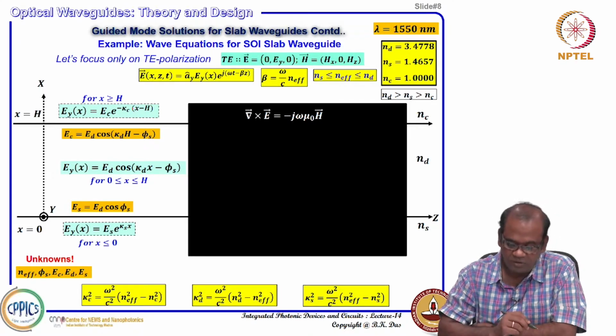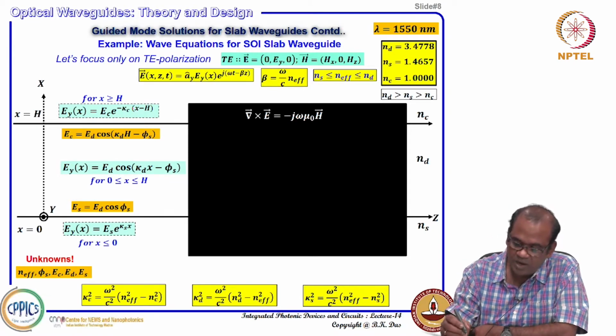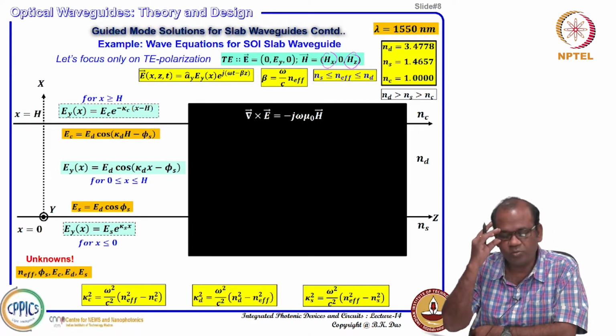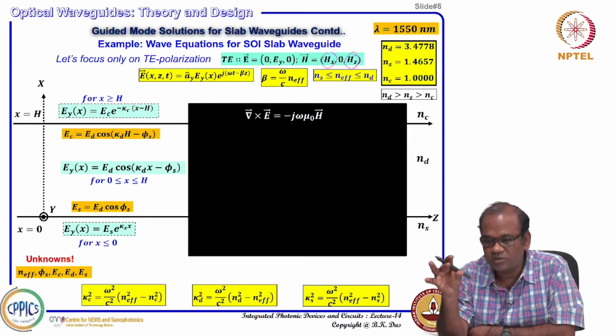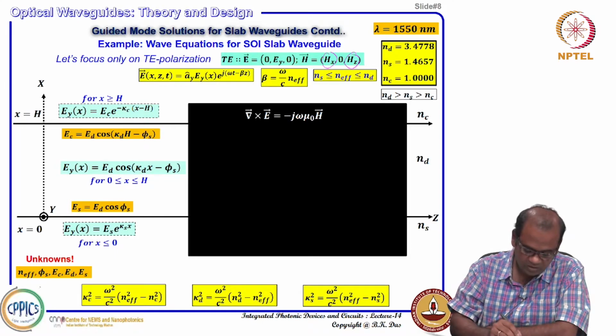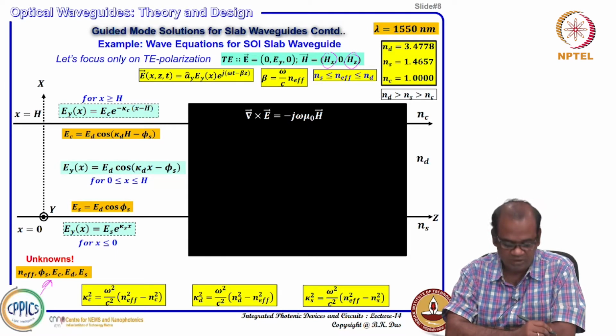I know the electric field distribution, but we have some other components H x, H z. Let us try to concentrate on those components, and if we can find some more equations, they may help us to find all these unknown constant values.